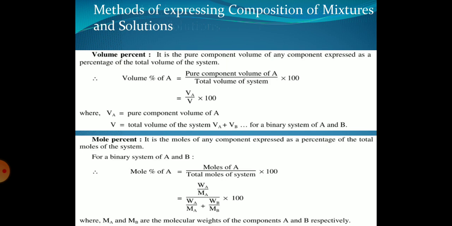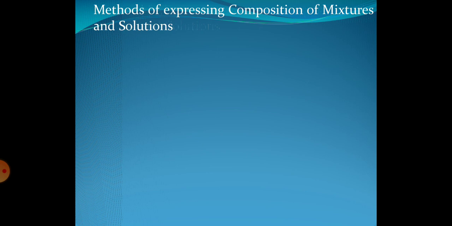It is applicable for components A and B, that is moles of component A will be WA upon MA plus moles of component B, WB upon MB, into 100, where MA and MB are the molecular weights of components A and B respectively.